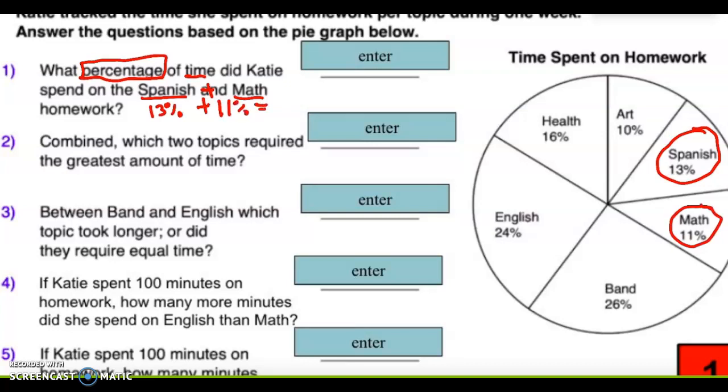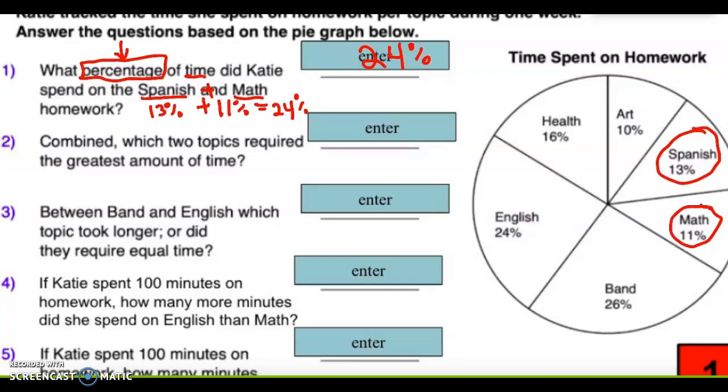I've noted how much percentage she spent on Spanish and on math. Now I'm going to add them both up together. 13 plus 11, that's 4, gives me 24%. I'm going to stop right there because the question is asking for percentage. It's not asking for time, it's asking for percentage. So my answer will be 24%.